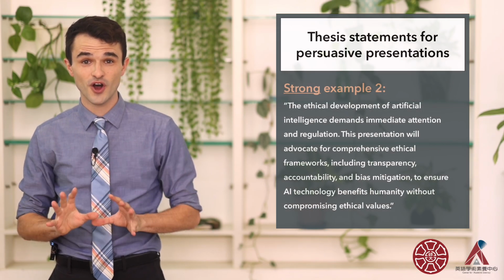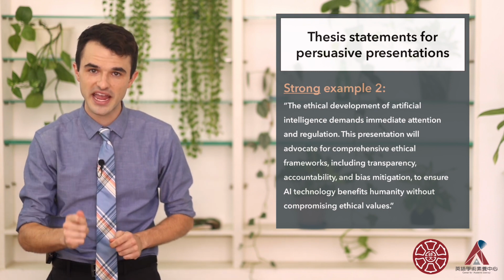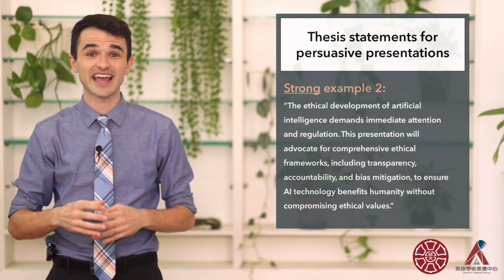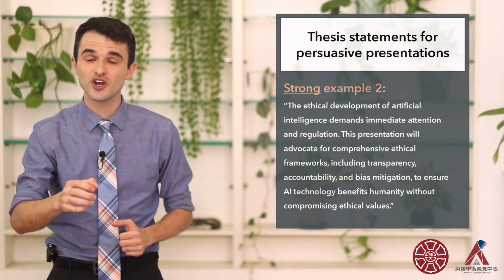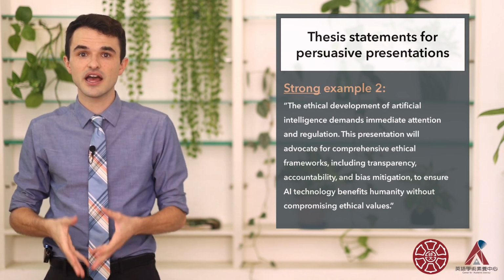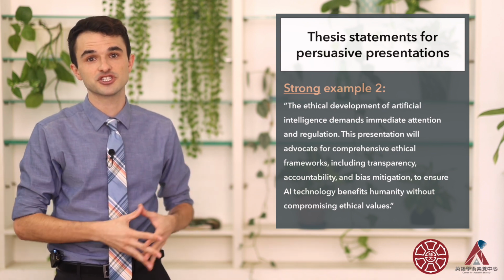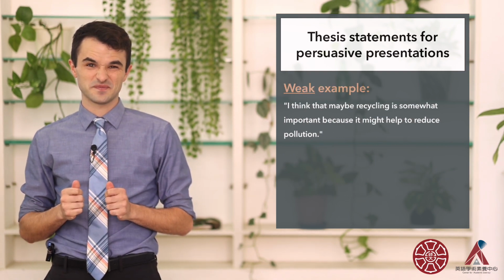In this strong, persuasive example, the audience is prepared to learn about AI's ethical development and knows that the presenter will try to persuade them to believe that such ethical development can be achieved. Here is a weak example.